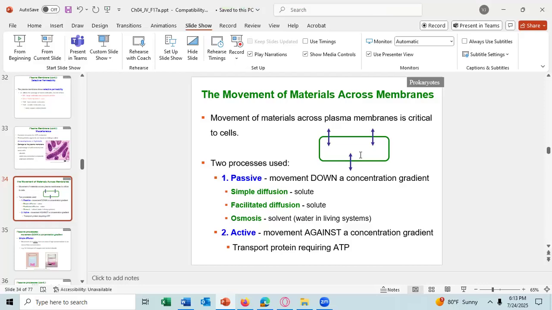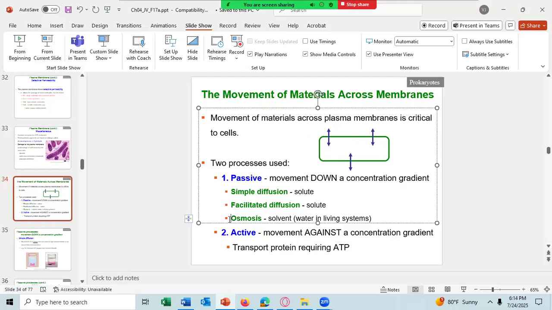And then there's osmosis, where the water moves passively down a concentration gradient. Water is not a solute, it is a solvent. And the movement of water is so important to cells, we give it the term osmosis. Any question about any of that?